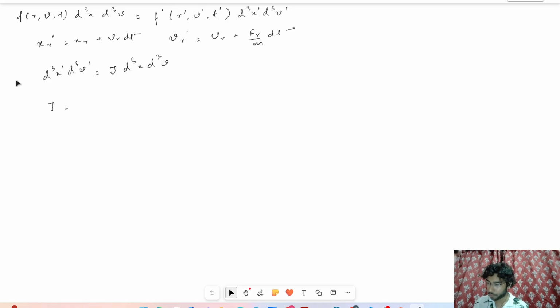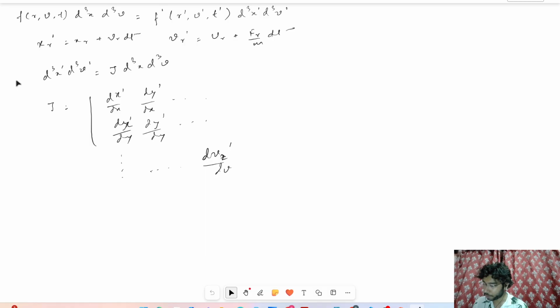So this is the determinant of dx prime dx, dy prime dx, dot dot dot, and then dx prime dy, dy prime dy, and this will be a 6 by 6 matrix, up to dz prime dz.